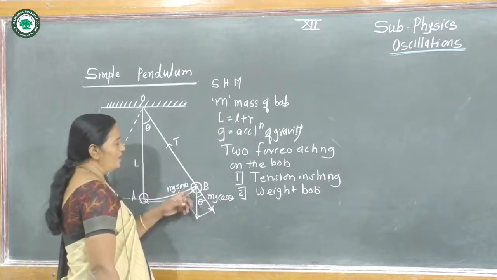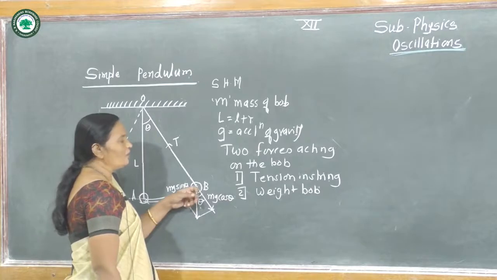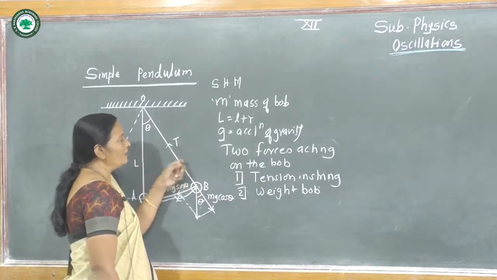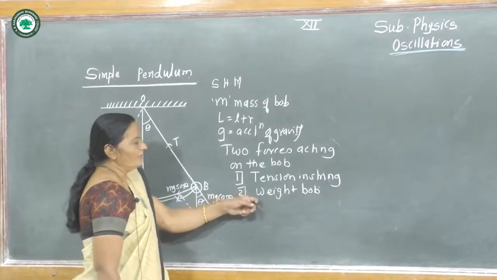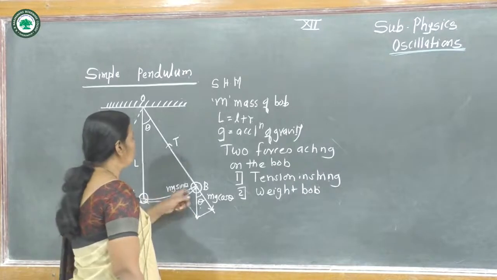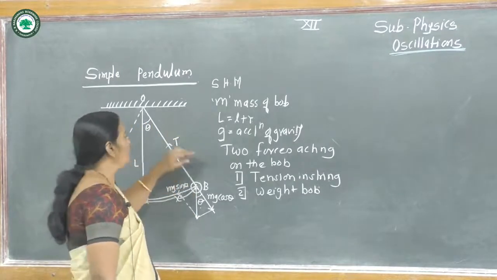These two forces act on the bob. Now suppose the bob is at the displaced position, T is the tension acting in the upward direction while the weight of the bob is in the downward direction. Due to the displaced position, there is an angular displacement of the simple pendulum.